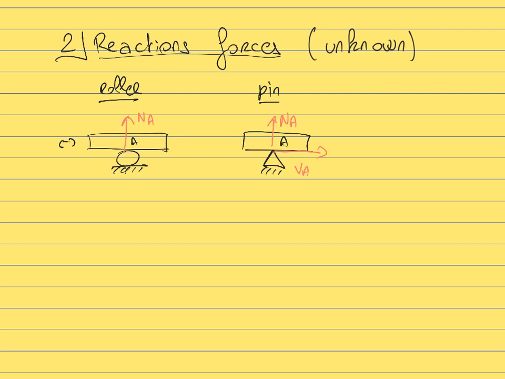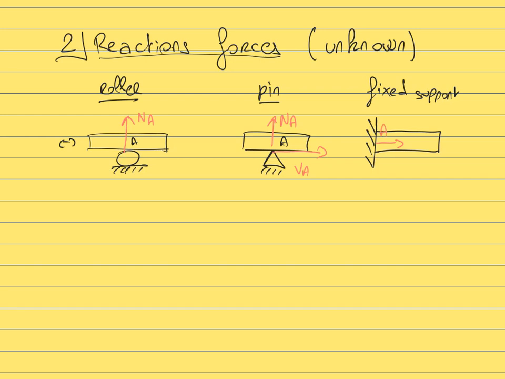Then the last type of support that we are going to consider in this class is the case of the fixed support, where you have a member that is glued to a wall like this or attached to another body. Not only does this fixed support prevent any horizontal motion of the body, so it prevents the body from moving left or right, meaning there has to be a force that opposes the motion.